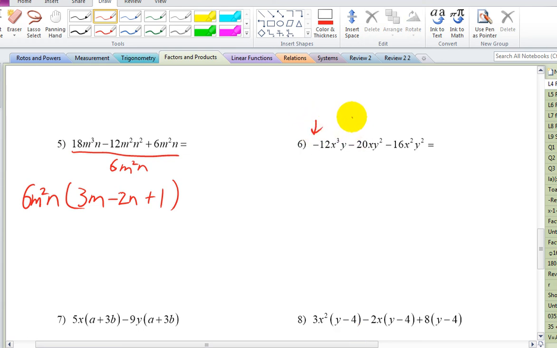Look at all those negative signs. You're going to have a negative GCF. Typically, if you start with a negative sign, then you're going to get a negative GCF. Okay? So that's kind of the rules, that you're starting with a negative sign. Now, all right? Go for it. The negative GCF, be careful with your divisions.